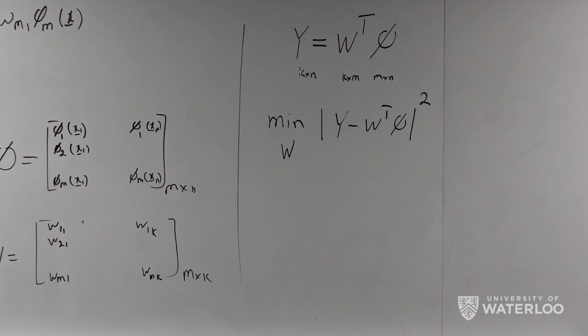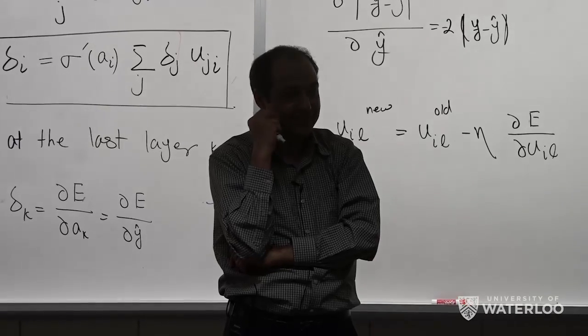Okay, how can we compute this W now? Y is known and phi is known. W is unknown. Do you know this problem? Do you know this optimization? Should I take the derivative and do a stochastic gradient descent? No?